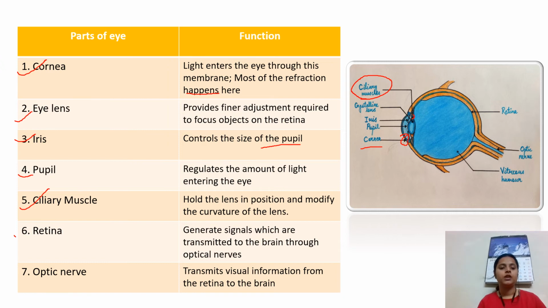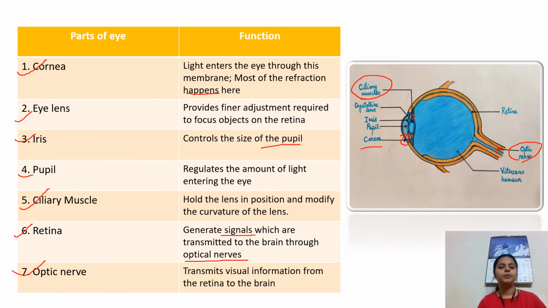Now the next one is retina. Retina basically generates signals which are transmitted to the brain through the optic nerves. See, these are the optic nerves here. This is the optic nerve, this one.